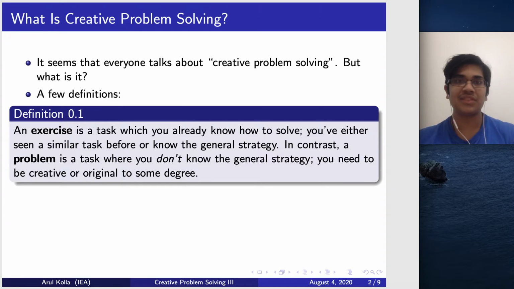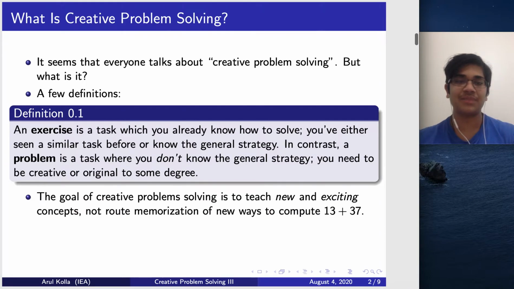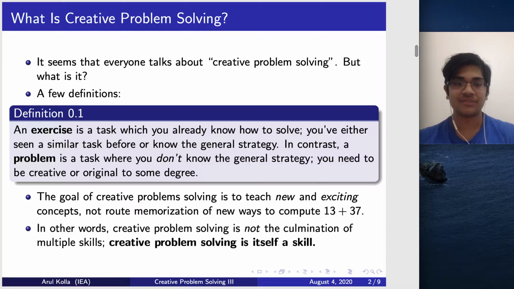And so you need to be creative or clever, and this is where creative problem solving really comes into play. The goal of creative problem solving is to teach new and exciting concepts, not the same ones in different ways. For example, not new ways to compute 13 plus 37, but rather new unique topics that you might not have seen, problem solving or not.